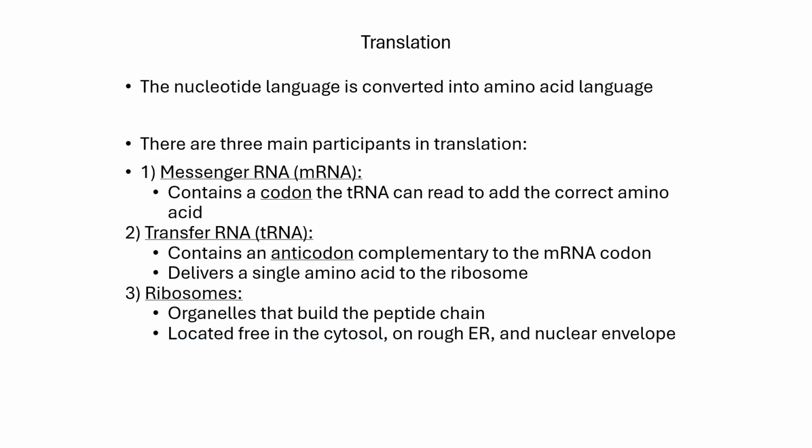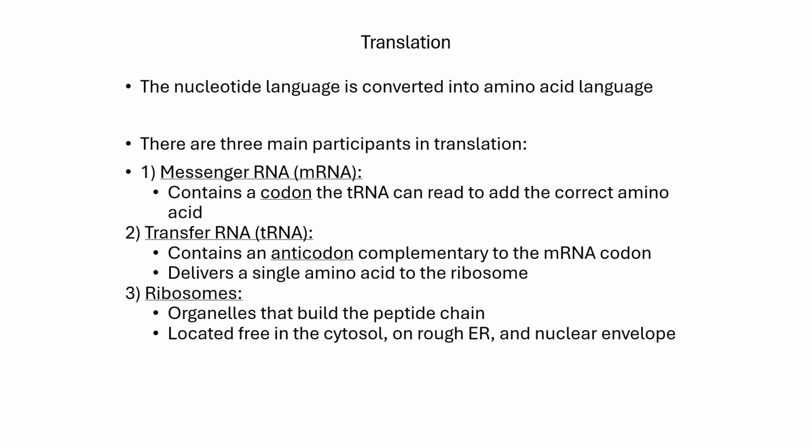By the process of transcription, we have created the messenger RNA. Next, we want to create protein, and this process is called translation. There are three main participants in the process of translation: ribosomes, messenger RNA, and transfer RNA.